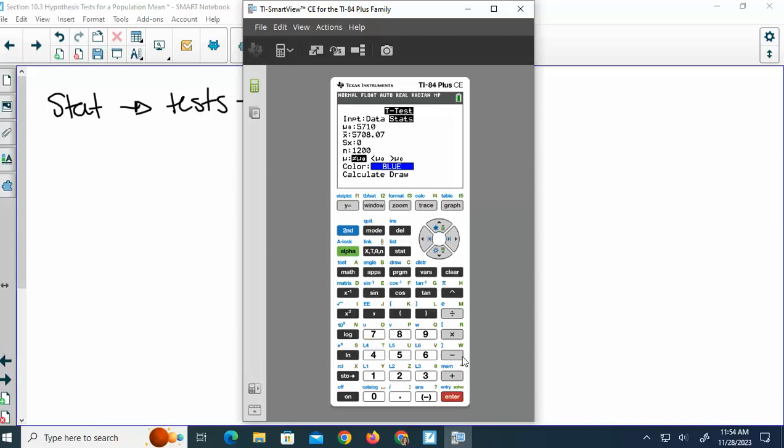Standard deviation of our sample. Okay. Our number. We are testing not equal to. And then calculate.